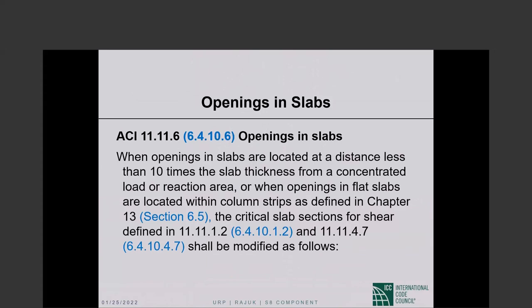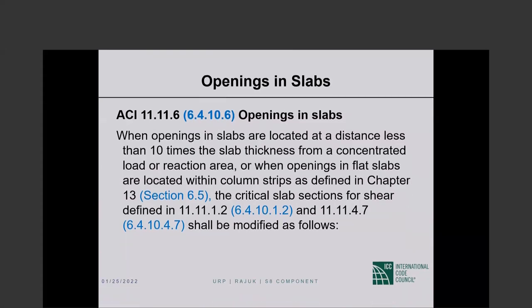Next topic is openings in slabs. When openings in slabs are located at a distance less than 10 times the slab thickness from a concentrated load or reaction area, or when openings in flat slabs are located within column strips, the critical slab sections for shear shall be modified as follows.